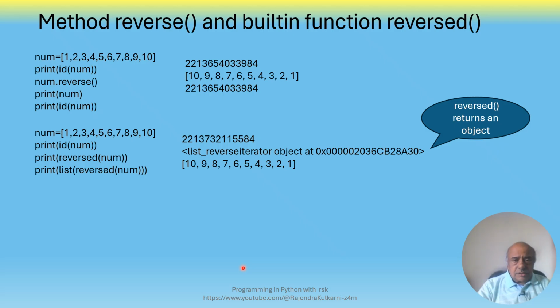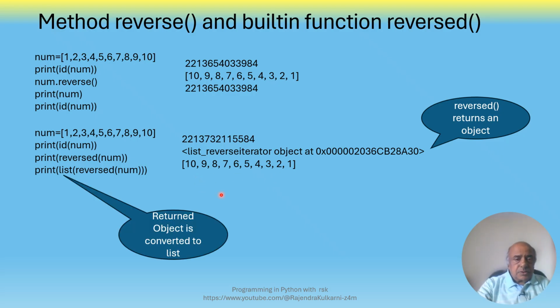that we convert to list using list parenthesis reversed num. Earlier print reversed num gave us the object. Now print list reversed num gives us the actual reversed list.